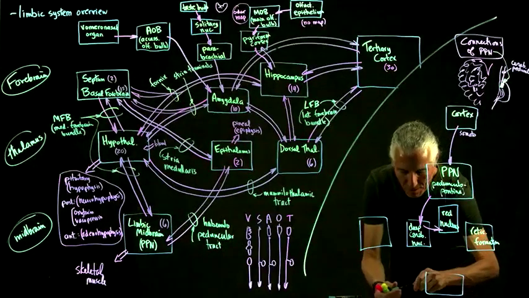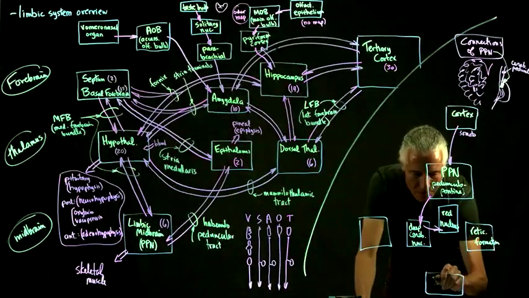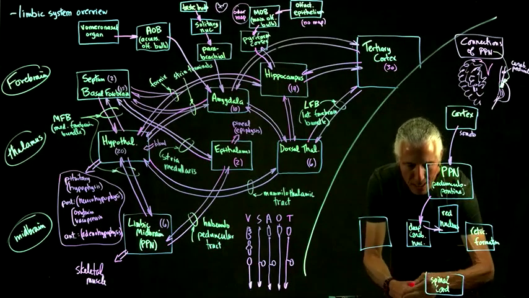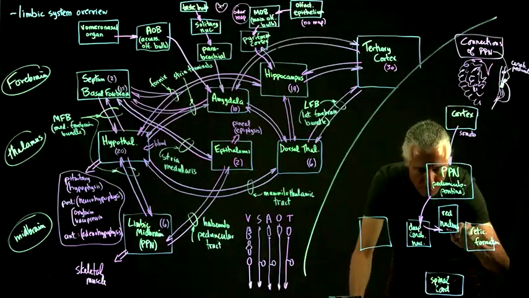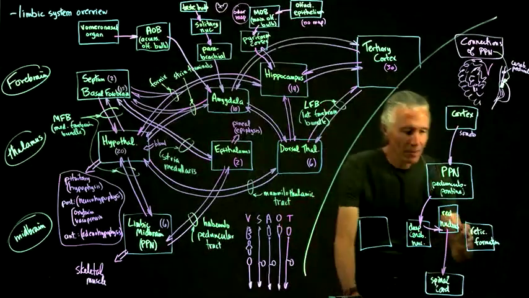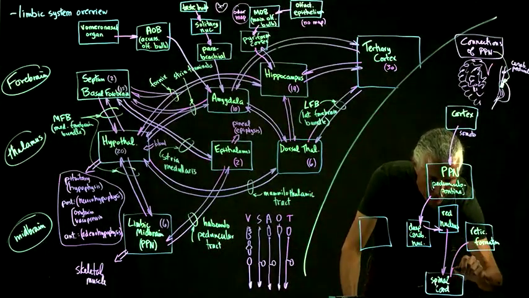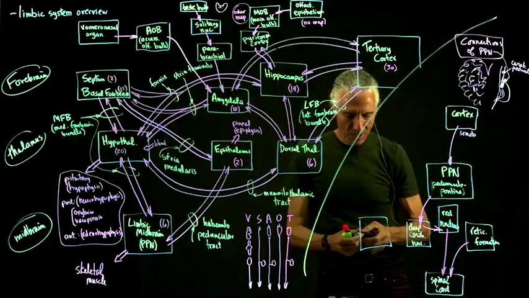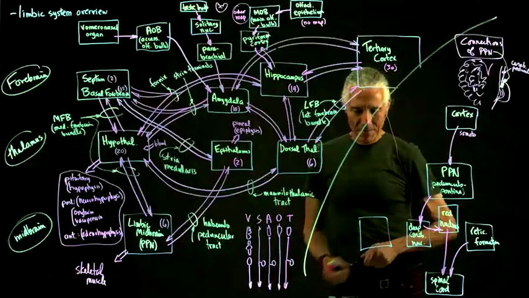So here's the spinal cord. There's a big crossed projection from the red nucleus to the spinal cord. And there's a big projection from the reticular formation to the spinal cord. And it goes to the vestibular nuclei.